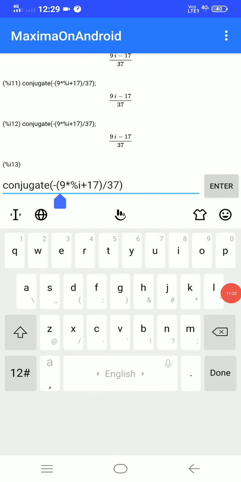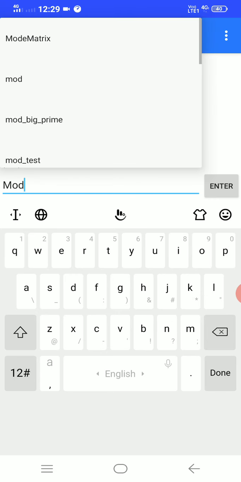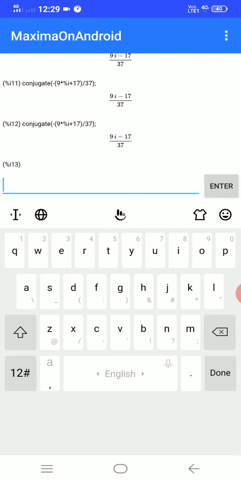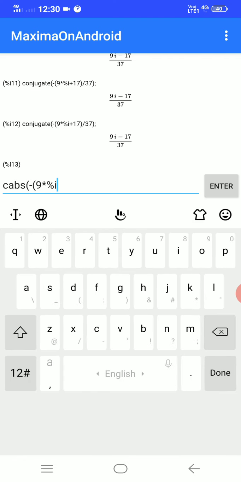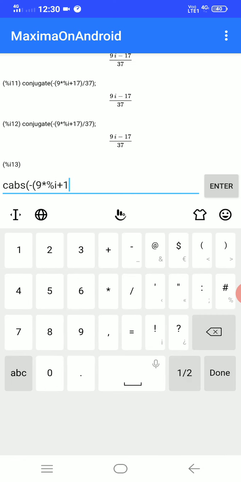Next we have to find the modulus. So using the syntax for modulus, cabs of minus in bracket 9i, where there is multiplication, so use star, 9 star percentage i plus 17, bracket complete, divided by 37, bracket complete, then enter.